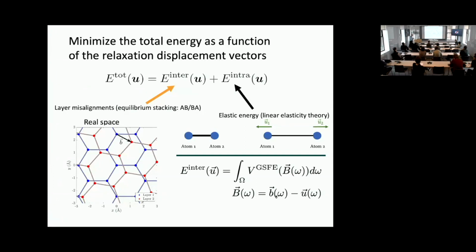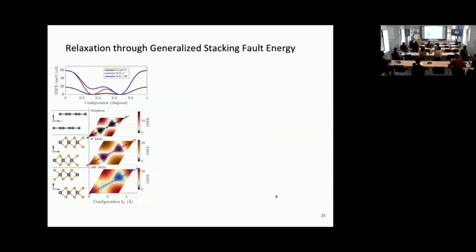The interplane energy, we model exactly through the generalized stacking fault energy, as I described earlier. This depends on the little b vectors that I mentioned earlier, the configuration space vectors that I described a few slides ago. And we add this local deformation u, so that's what the capital B vector is. Then we integrate over all possible local environments, and that's what gives us the energy functional.